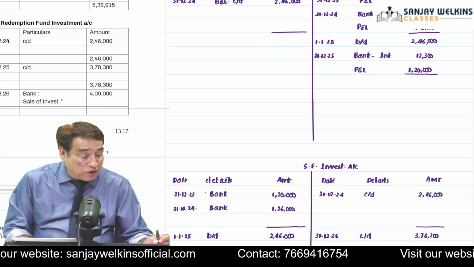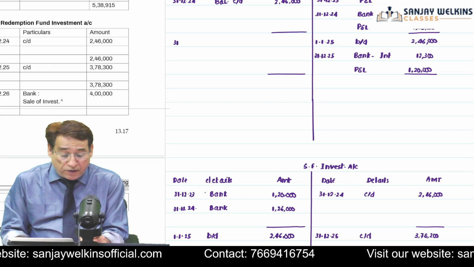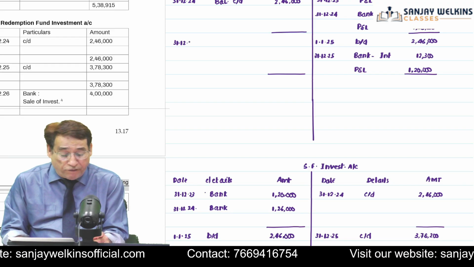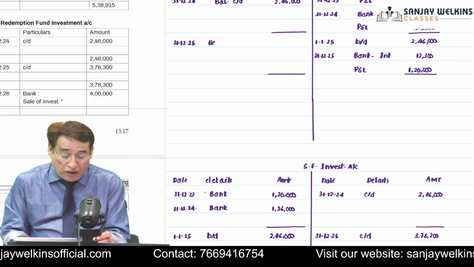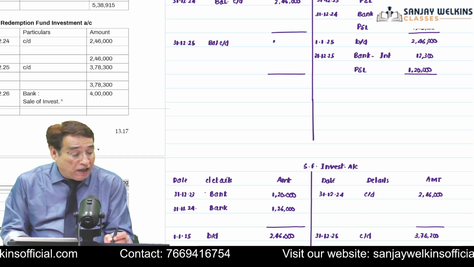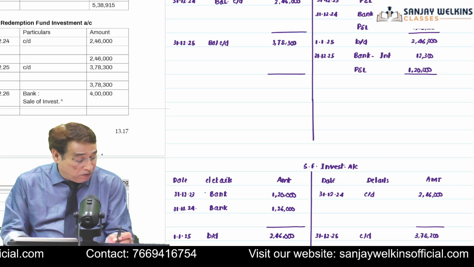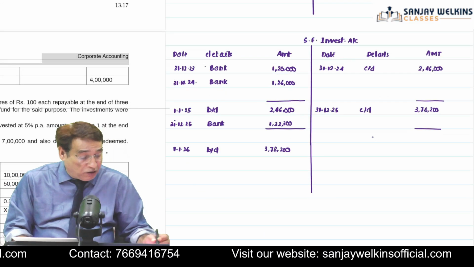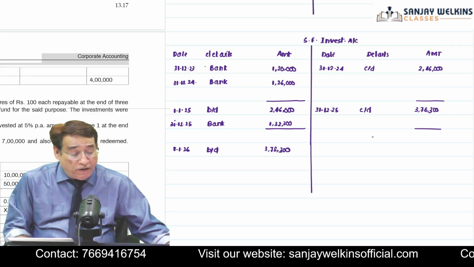Similarly, we are going to tally out this particular account also. 31st of 12/2025, and at the end of the third year, here we are going to write balance carried down and 3,78,300. In fact, 3,78,300, I have written here 200. It is 300.